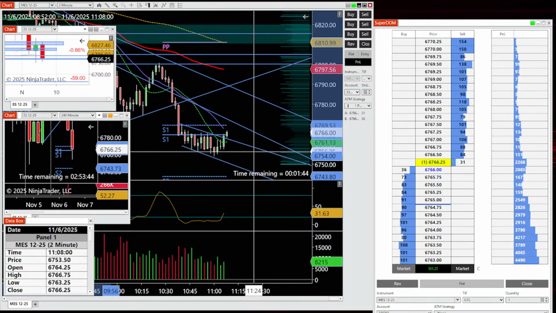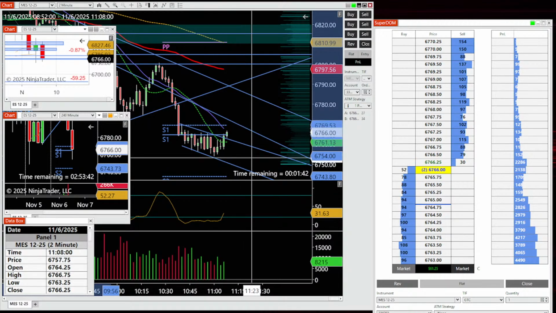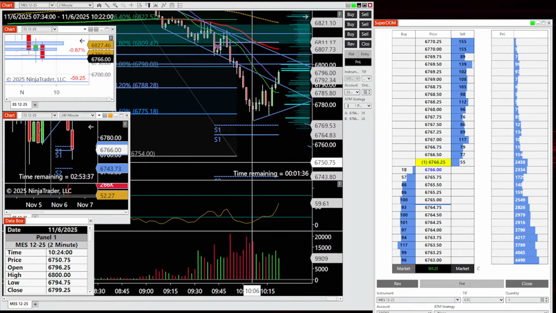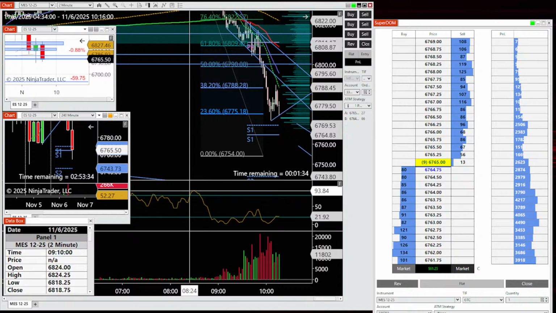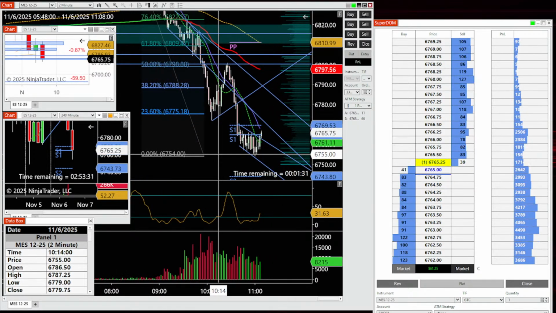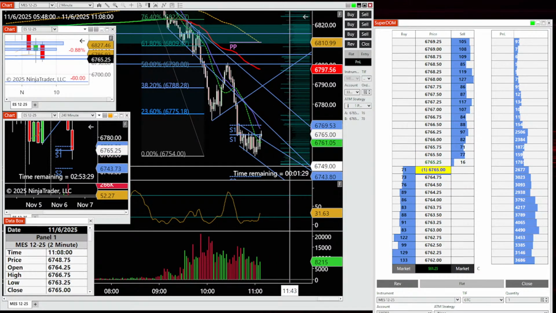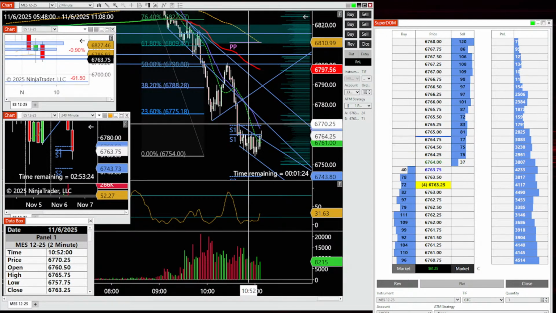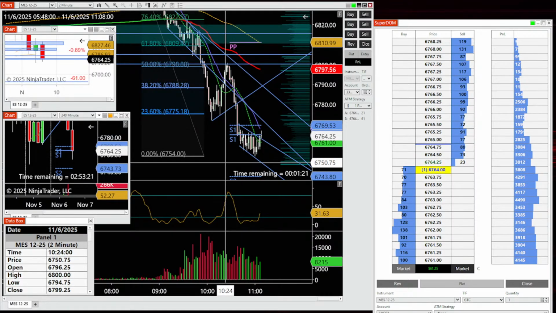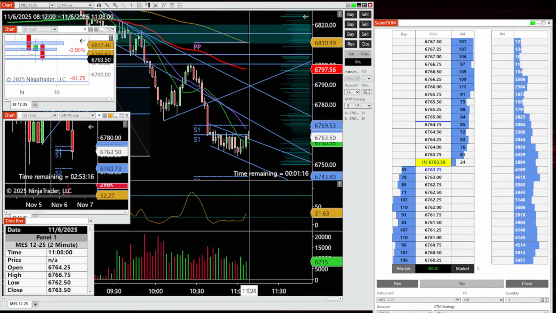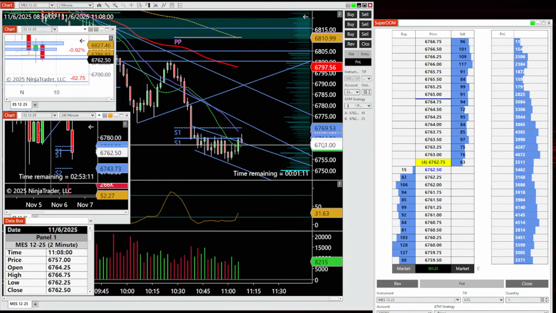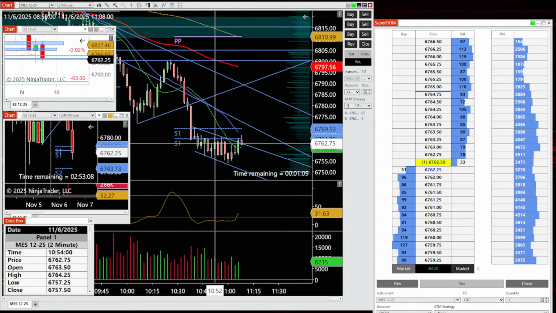All right, buyer stepping in. 70. 75. Peeked above the resistance level again.